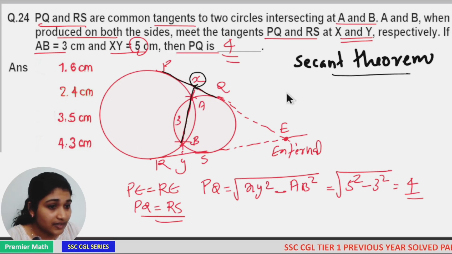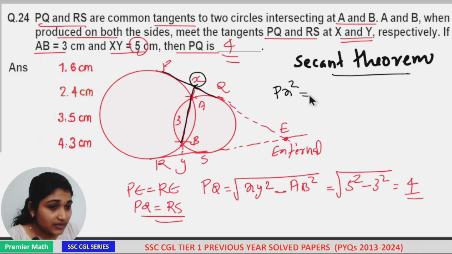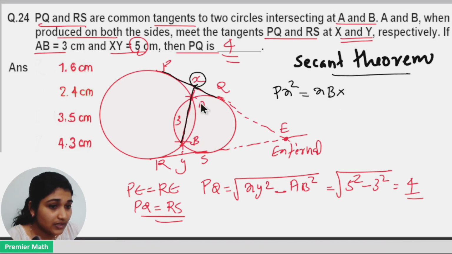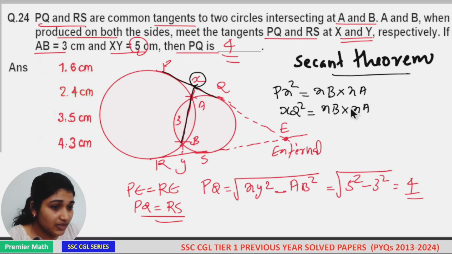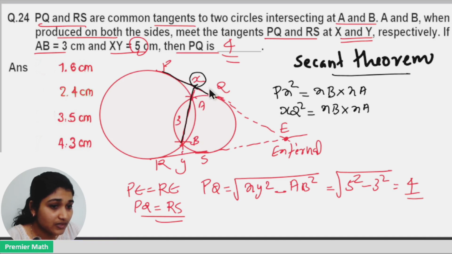Then tangent square, that is PX square, is equal to secant length XB into the line outside this circle, XA. Also, XQ is a tangent, so XQ square is equal to XB into XA. Same, which means PX square equals XQ square, so PX is equal to XQ. These two lengths are equal.